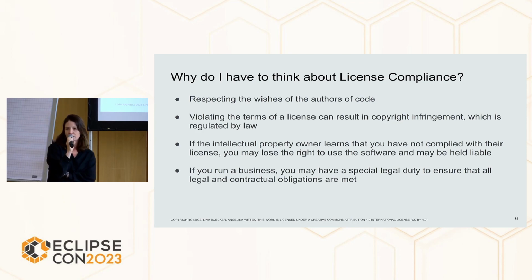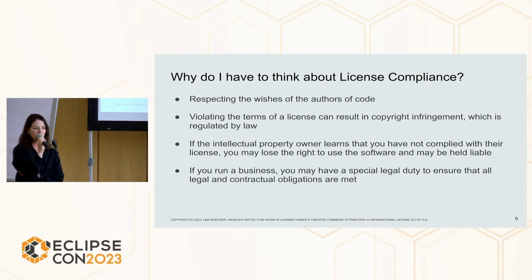When you lead a business, when you're the manager of a company, there are certain obligations that you have to fulfill as the manager of a company. One of them is to prevent your employees and the people who work for you from infringing any rights. So that is also why you would like to have some license compliance in place when your developers use open source software.